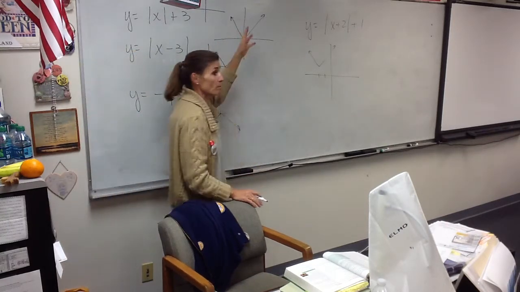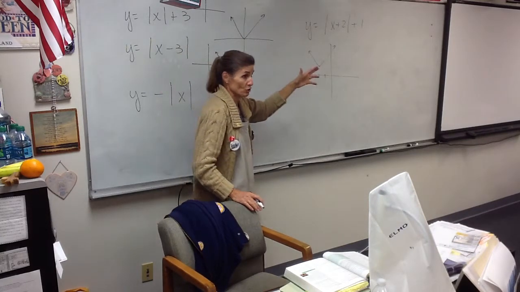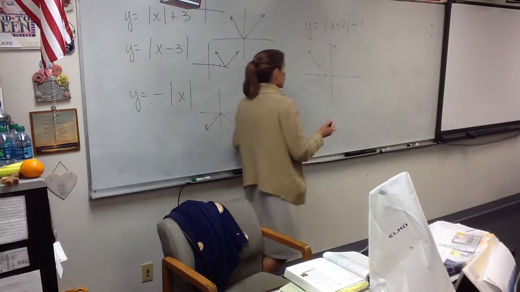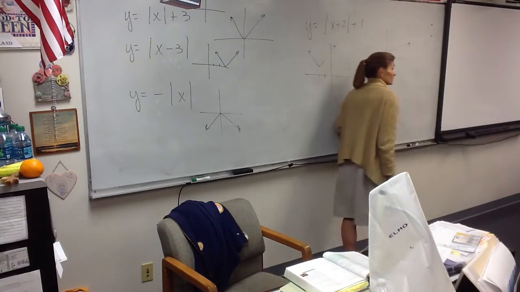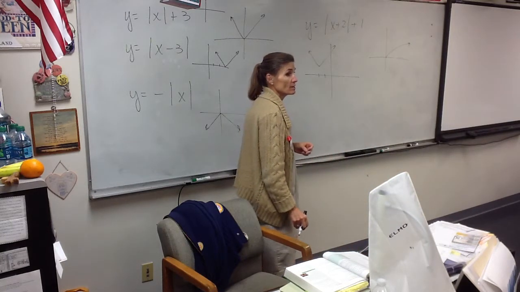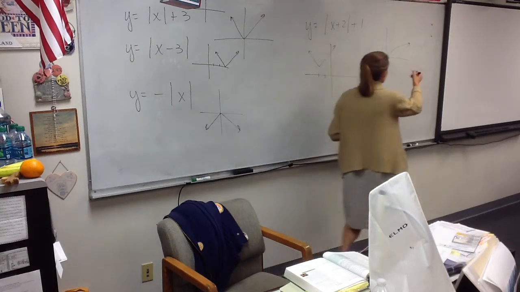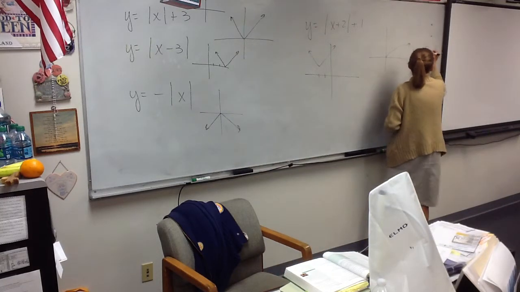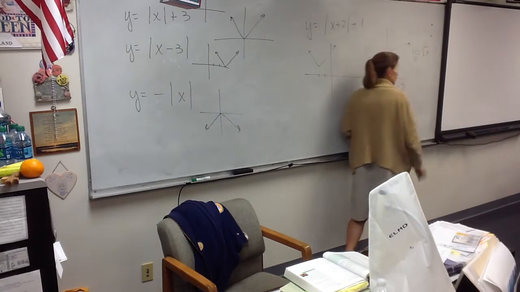And do these rules apply only to the absolute value? No. No, they apply to all those pictures that you learned. So for example, which function is this one? You gotta know this. That's the square root function. So this would be y equals root x. So if I did y equals the square root of x minus 2, what would that do?